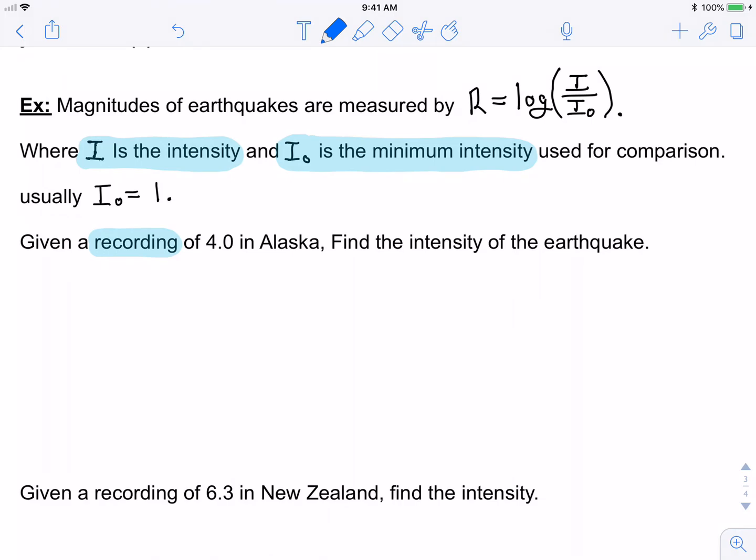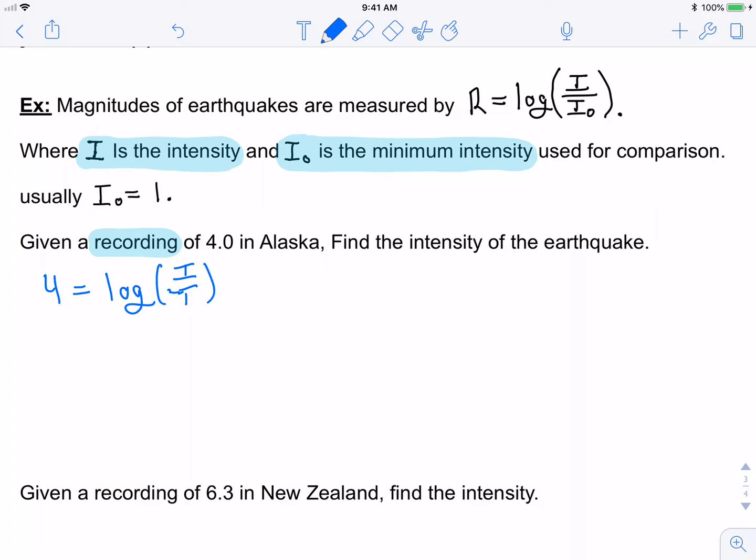So the first part of this problem: given a recording of 4.0 in Alaska, find the intensity of the earthquake at its epicenter. So R is equal to 4, and we have 4 equals log of I divided by 1. Since there was no I0 given, we'll assume it to be 1.